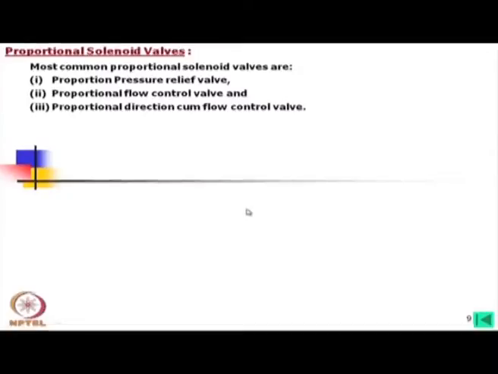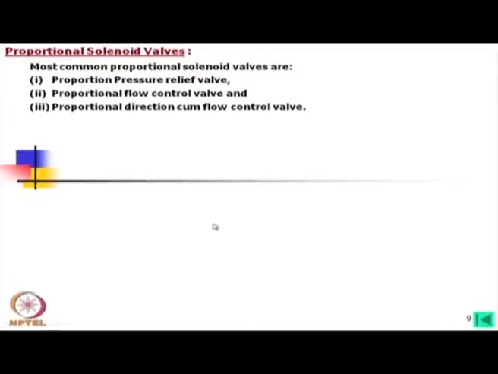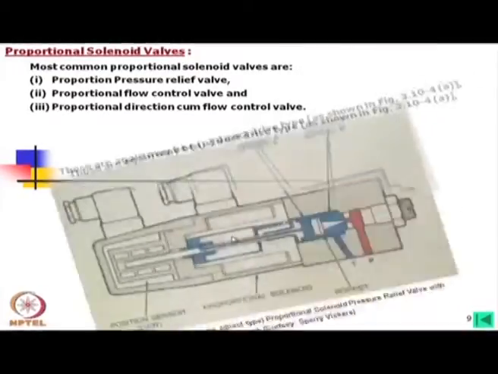That is why the term proportional. Proportional flow control is okay, but proportional direction control, because direction will be either left or right, up or down, a single valve cannot move in all directions. Anyway, the term is proportional directional cum flow control valve.